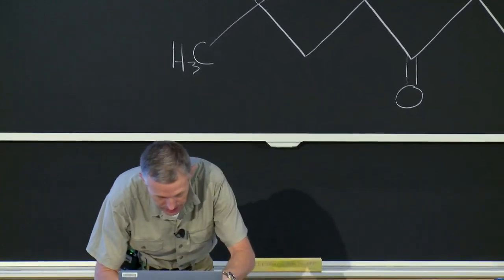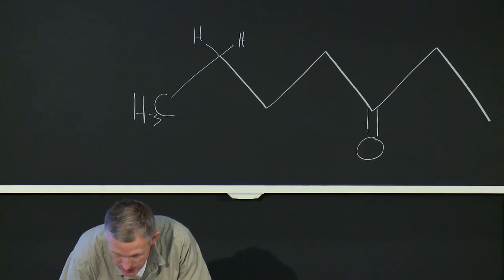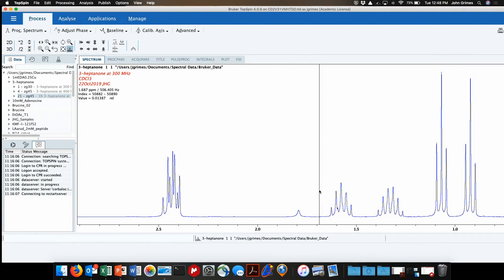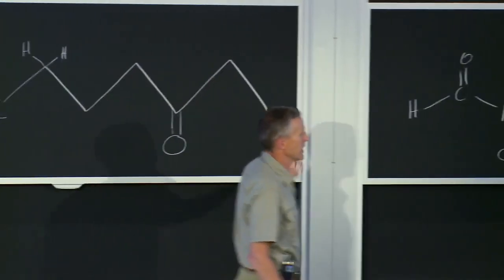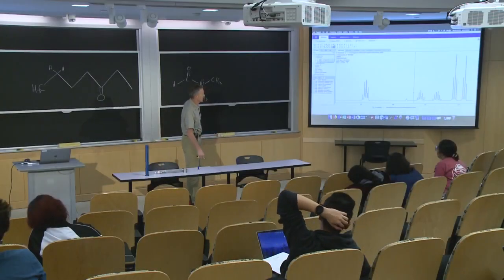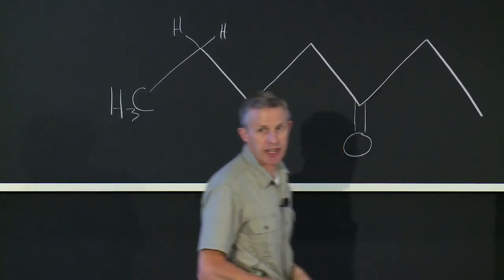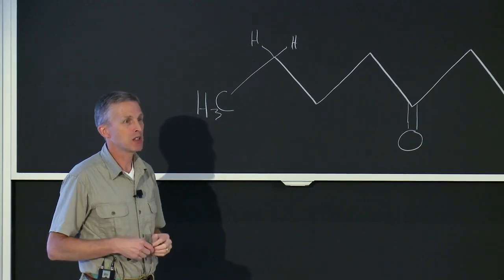And let's see, I'm going to close this and bring up my real spectrum. So this spectrum is of 3-heptanone. And the methyl here and the methyl here are these 2 resonances over there. And so you can, in fact, see that those are split into 3 peaks because each of them has 2 protons next to it. Now, not everything behaves that way when you get into more complicated molecules.